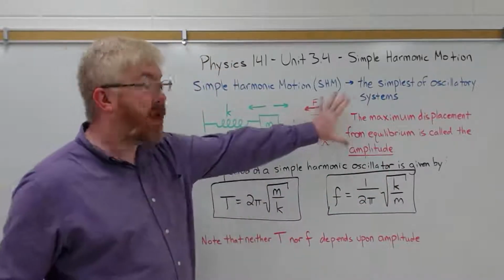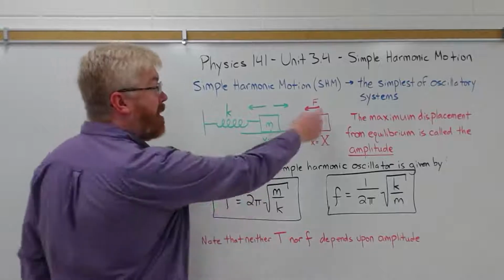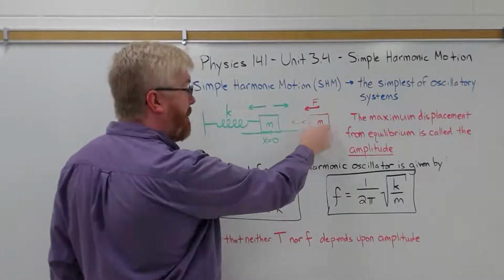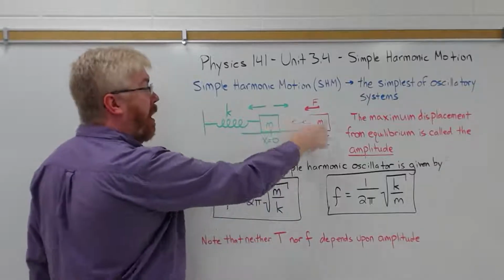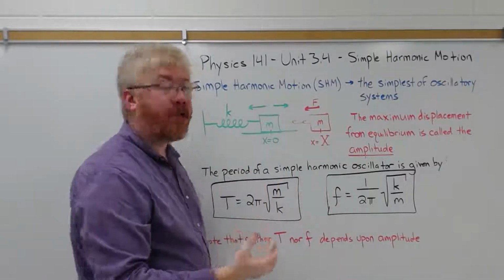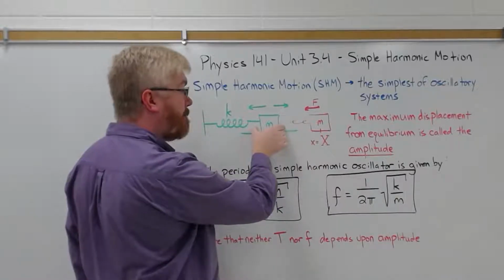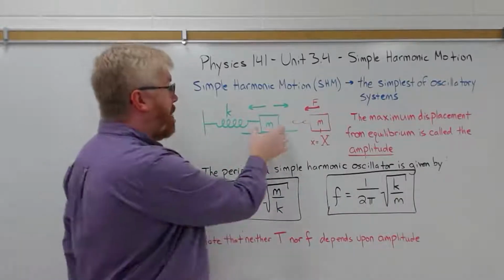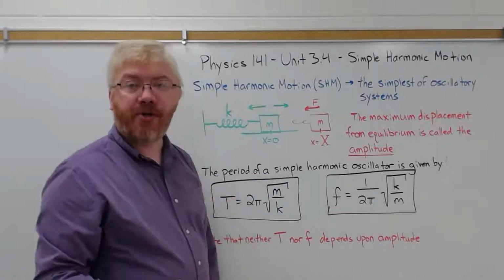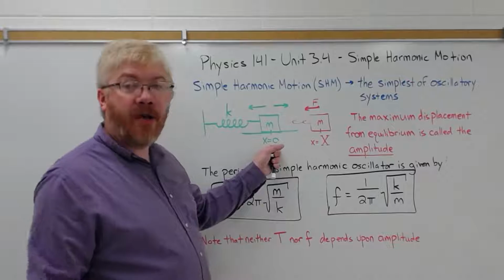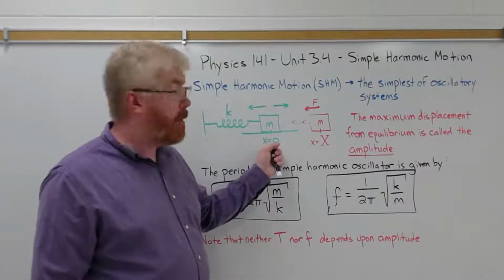Now, if I were to let this go, there would be a force pulling this mass back towards the center. As this mass passes the center, all of the elastic potential energy stored in the spring is translated into kinetic energy. But the mass wouldn't stop at the equilibrium position. It has all this kinetic energy now, and there's no elastic potential energy at the equilibrium position.